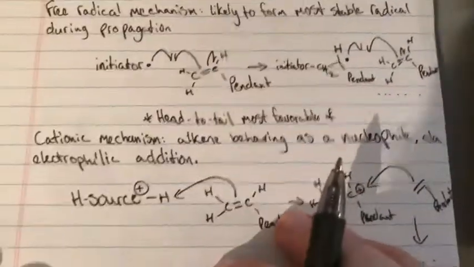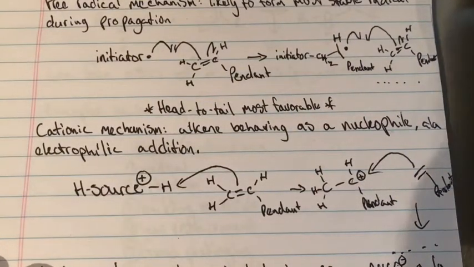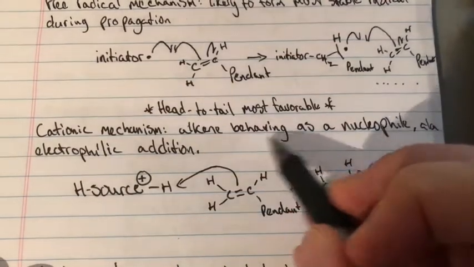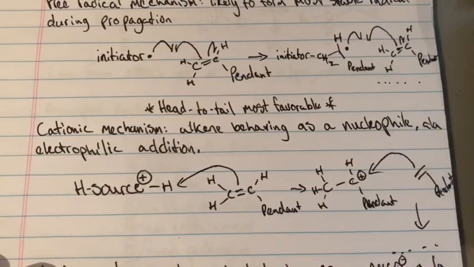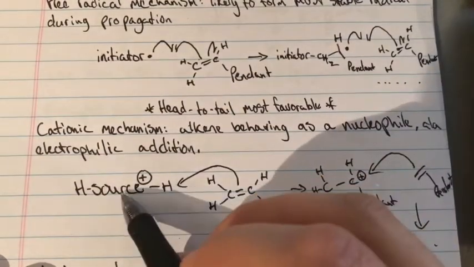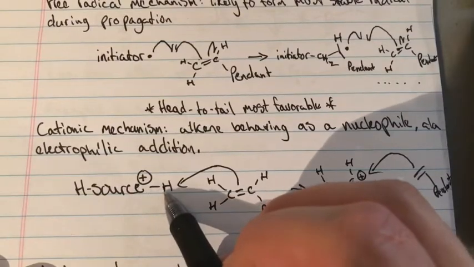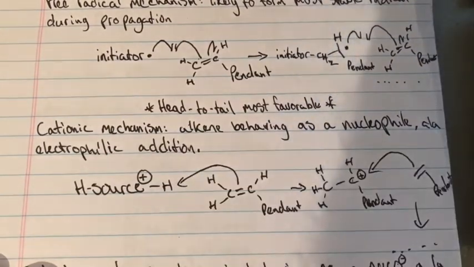Okay. All right, and now on to cationic mechanisms. So an alkene is behaving as a nucleophile. So just like you saw in chapter 11 from last semester. So you have a hydrogen source, which again is going to be behaving as an acid. This is going to pick that hydrogen up as a base, sort of.